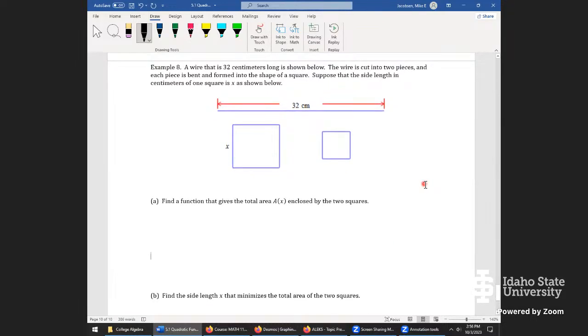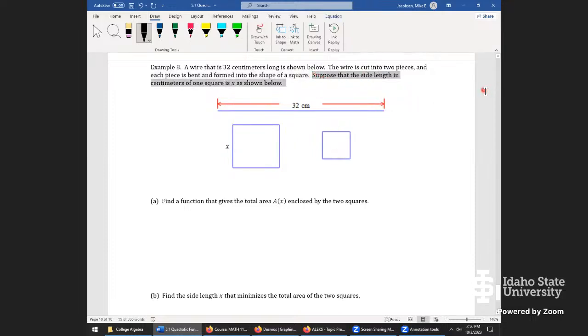Here's the situation they gave to us. We have this wire right here in blue. The red is indicating that the length of that wire is 32 centimeters. Then the wire is to be cut into 2 pieces, each piece formed into the shape of a square. Here's our first square right here. There's a second square in that location.